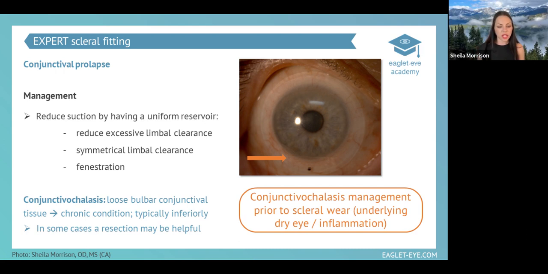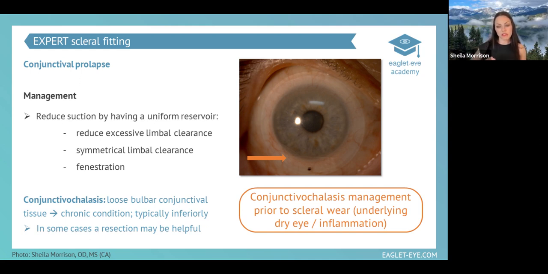Now, conjunctival prolapse sometimes cannot be fully avoided. The way that we manage it is we try to reduce the space around the limbus as much as we can in those areas, so that we're not having excess space that pulls with a pressure force, and we minimize it as much as we can. We can minimize it by using lenses that are able to adjust the limbal zone in quadrant specific or toric zones, or even a free-form design.